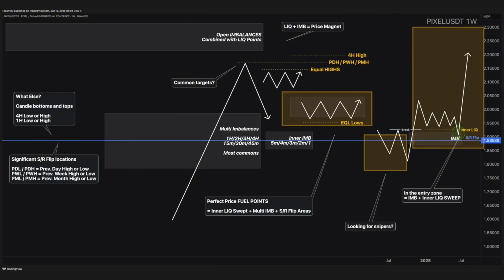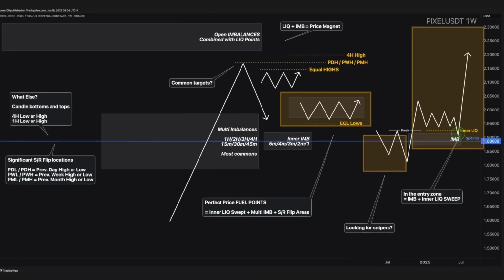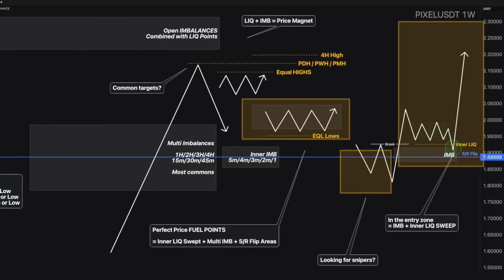You got this. This is the bigger PO3. Now, look what happens inside. A smaller inner PO3 happens. Smaller accumulation, smaller manipulation, and a smaller expansion. The sniper double PO3 setup. I will try to work on a live example in the upcoming videos.